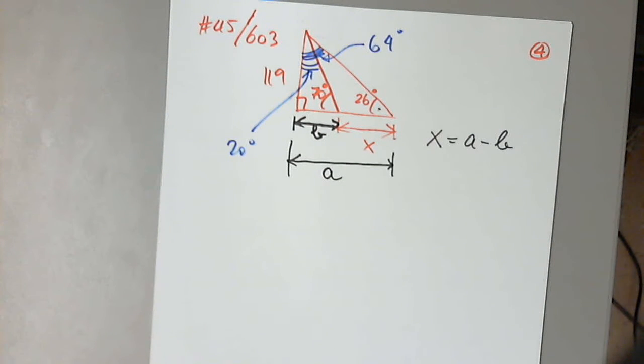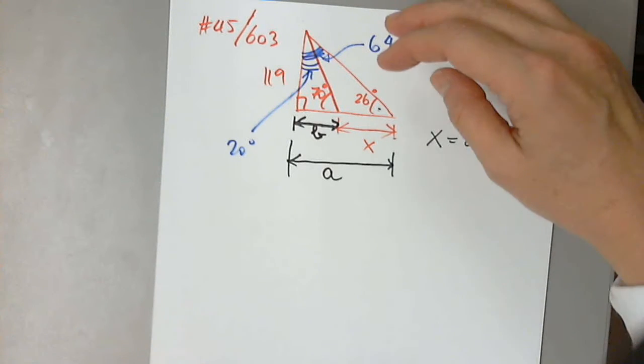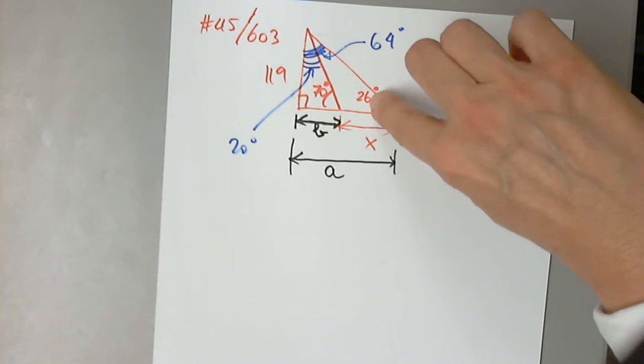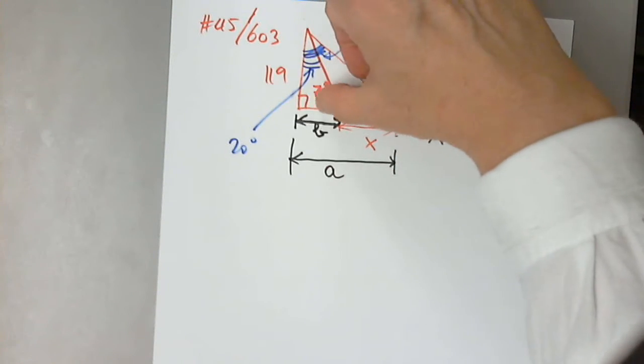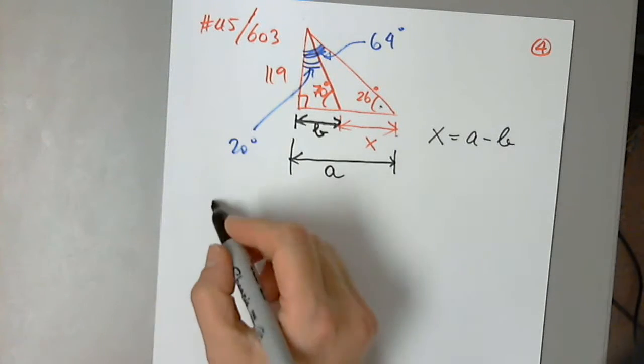So when I don't have any information about the hypotenuse, I will try to avoid anything that has the hypotenuse in it, which is sine, cosine, secant, cosecant. So I'll try to stay with tangent or cotangent. So I could use tangent of 26, which is the opposite over the adjacent. Let's see what happens now.